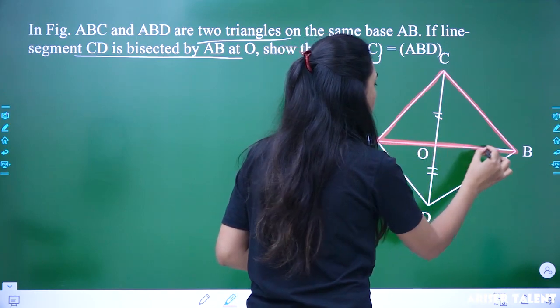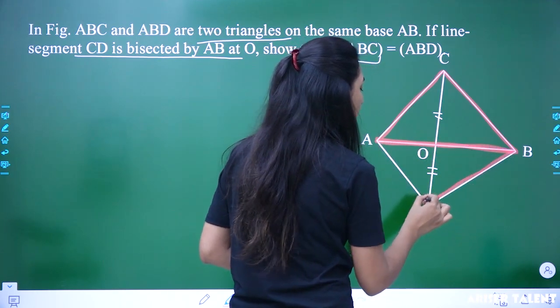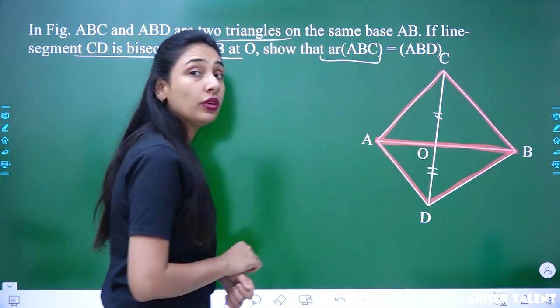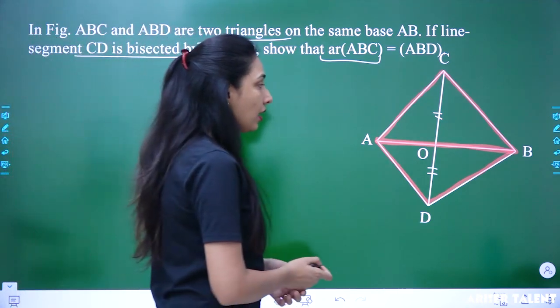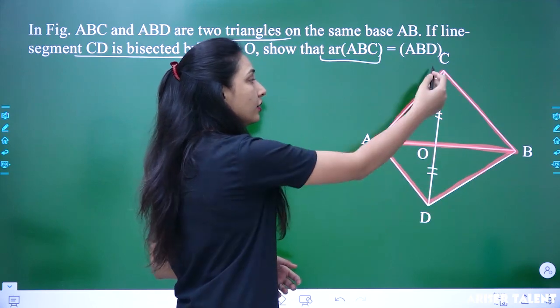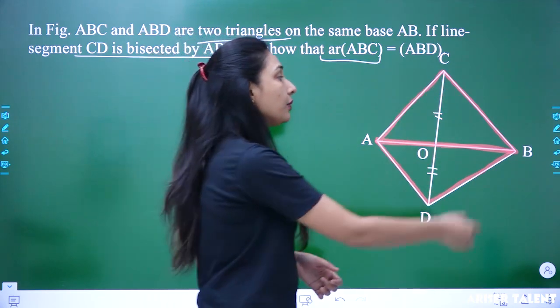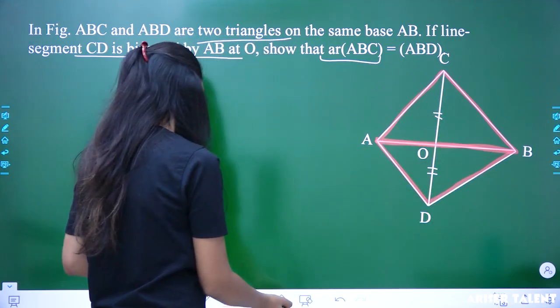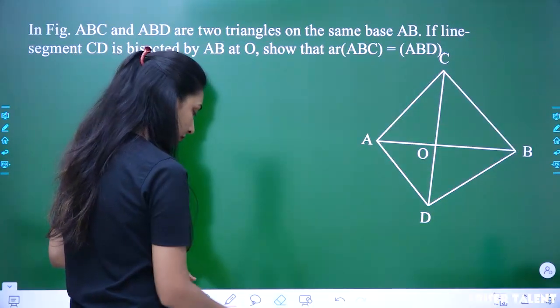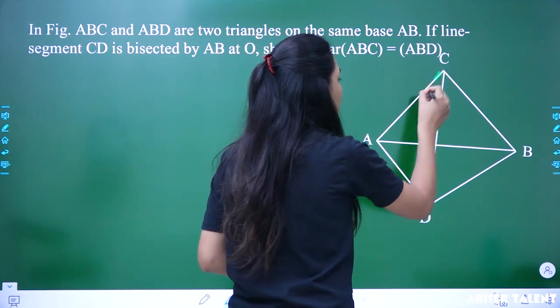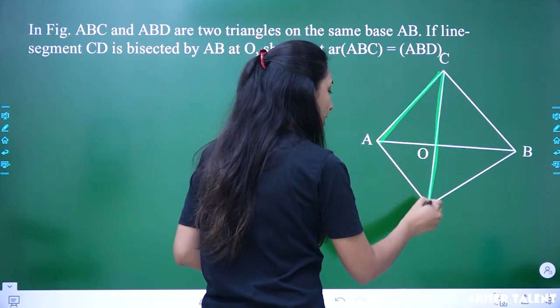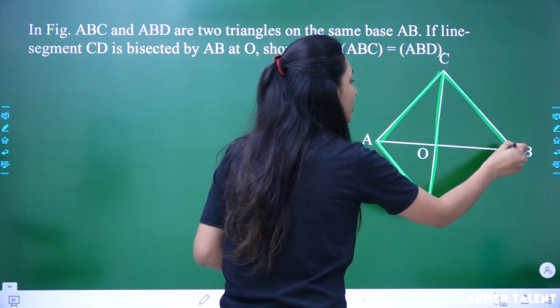Okay, these two triangles are equal to each other. So what we can do, we can just take this triangle first and then we are going to take this triangle. Then we will prove. So we are taking this triangle and this triangle.